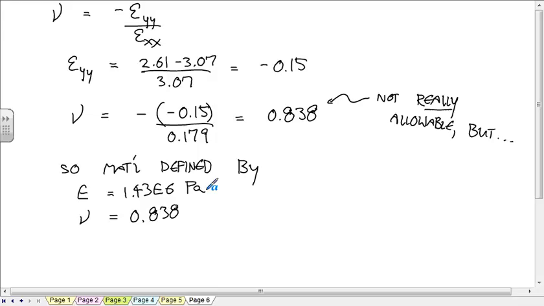And so by Monday, would you try to find time to just plug these values into the compliance matrix, and then we'll use that for calculations in a couple of example problems on Monday.